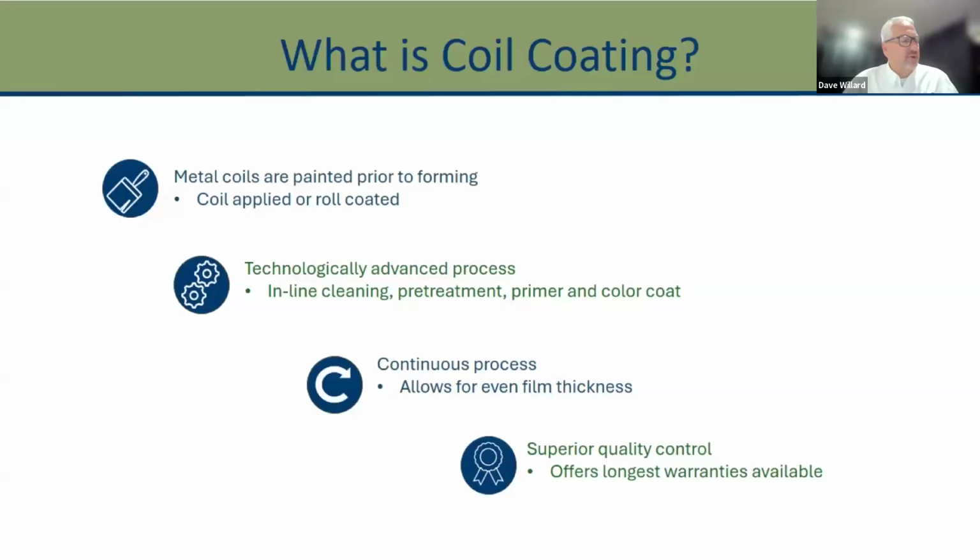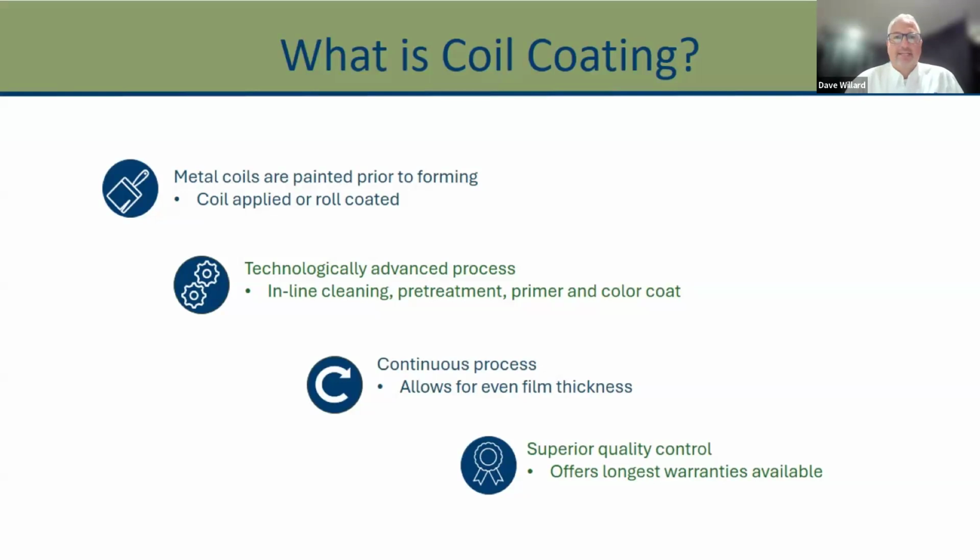Just stopping at coil coating for a second, what do we mean when we say coil coating? This means the coils are painted prior to forming into whatever shape or design you want. So the paint is applied, or roll coated, all at one time. Technology is really advanced in this process.